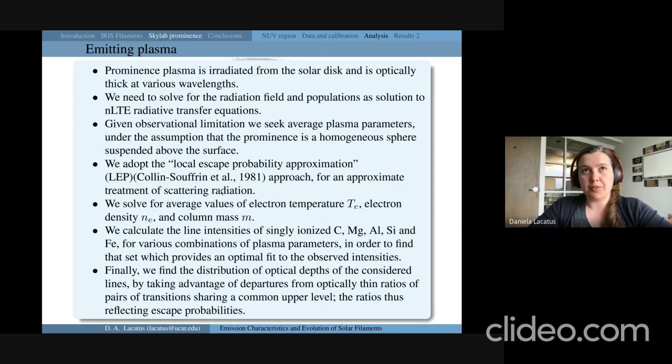And after we obtain the average parameters of the plasma, because in this wavelength range you have a lot of iron lines that are sharing a common upper level, we can use this to extract a distribution of lines with respect to optical depth.